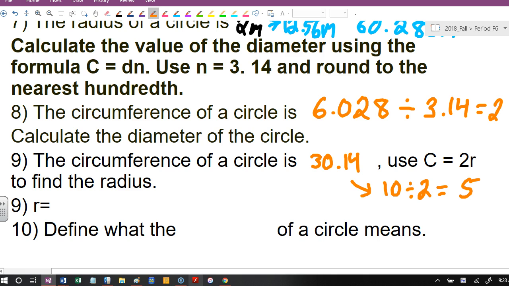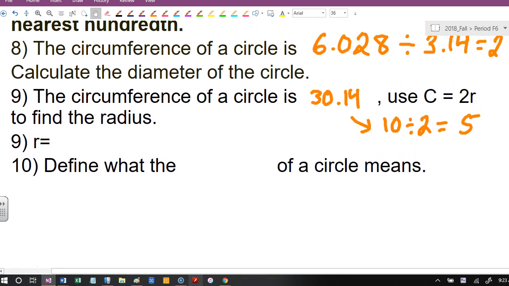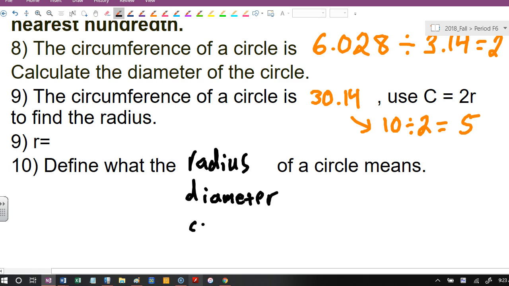I'm going through this quick because we don't have much time. Last thing is, define one of the parts of the circle: radius, diameter, or circumference.